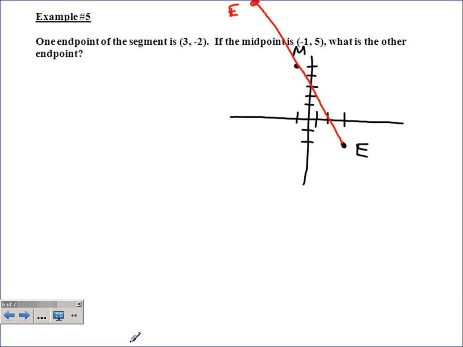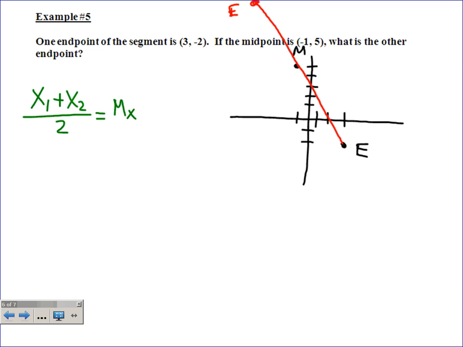Okay, and here's what we're going to do. Remember how we had that equation? It was sort of like x1 plus x... ooh, I didn't write that right. We had (x1 + x2) divided by 2, and that was going to equal our midpoint's x value.